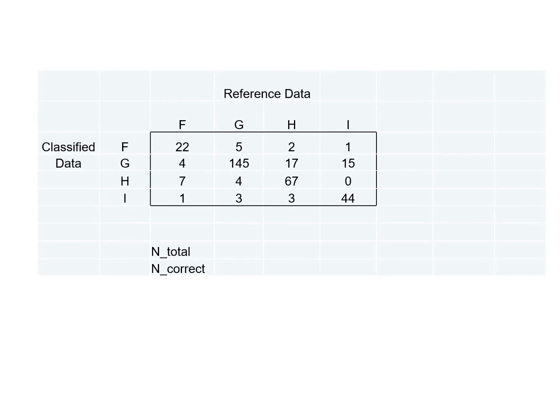So let's go through this process again. Here we have reference data for other classes, just F through I, and the frequency of how often correct and incorrect observations are matched up. So the first thing you would do is add up all the columns and all the rows and put them in their proper places.